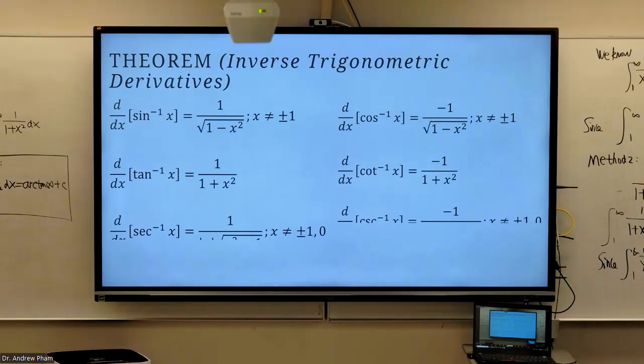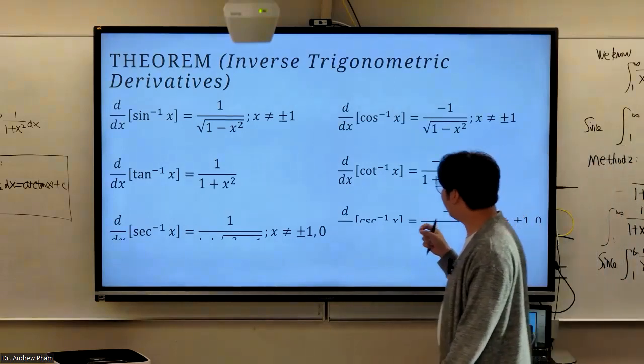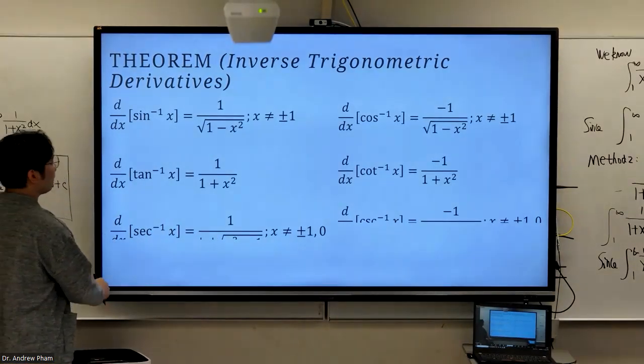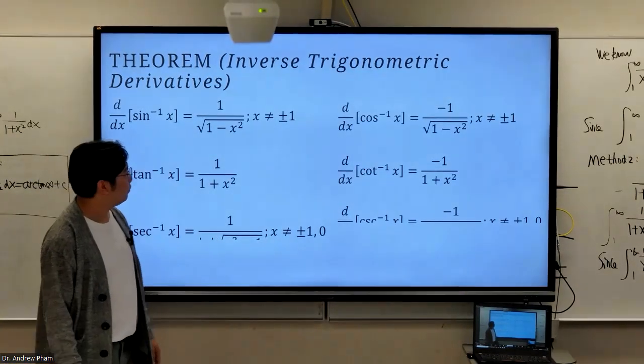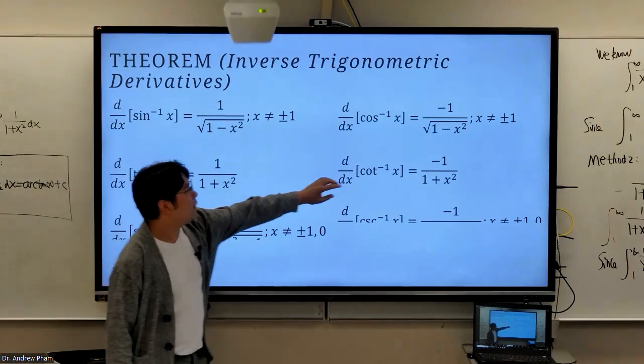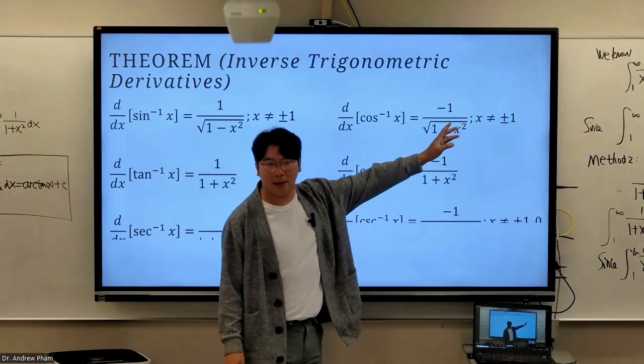Well, I think I know what you're saying, but they're not really the inverses of each other. What do I know about the derivatives on the left versus the derivatives on the right? So if I look at this right here versus this right here, it looks like the exact same derivative, right?